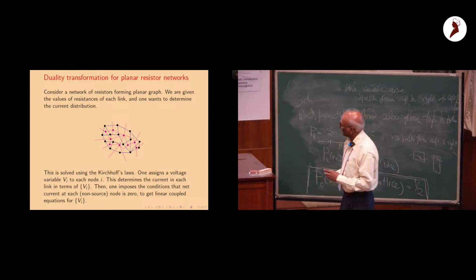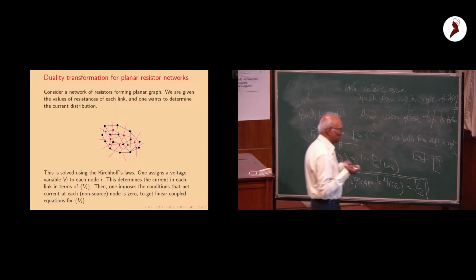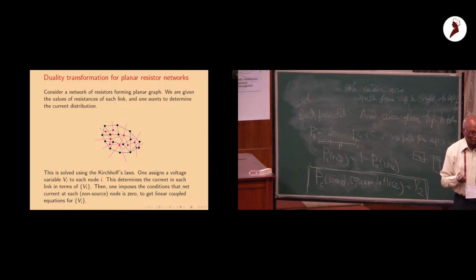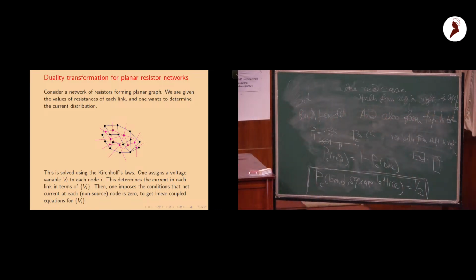Okay, and now there is a well-known result which I suspect even some of you know. There is a duality of electrical circuits which is called the voltage current duality. How many of you are familiar with this? Nobody. Okay, very good. Then we will discuss it because it's very nice to understand.